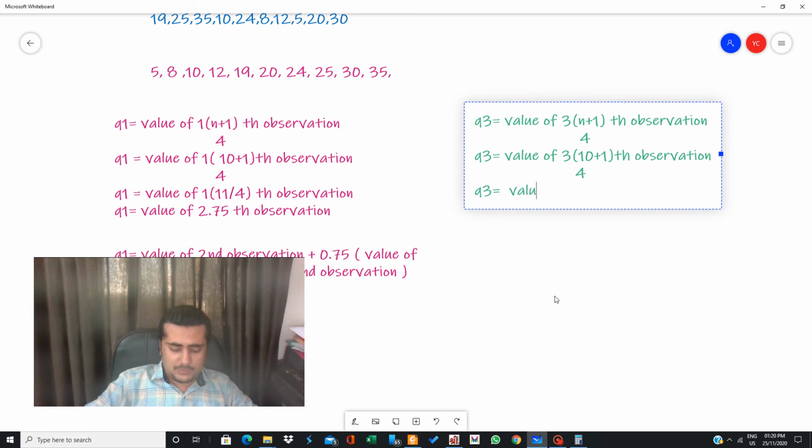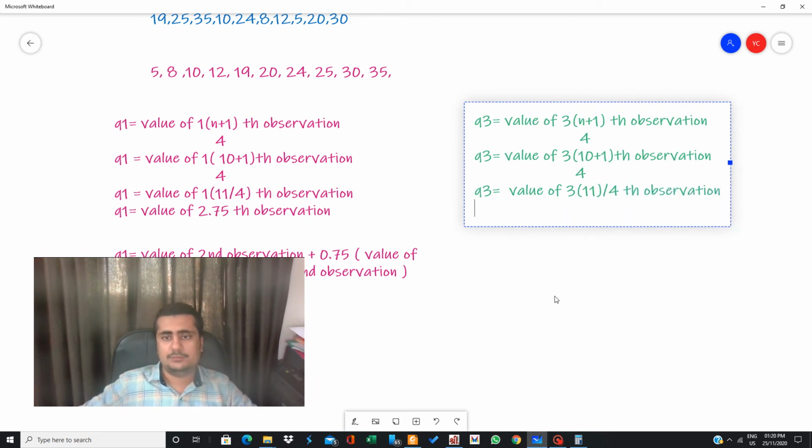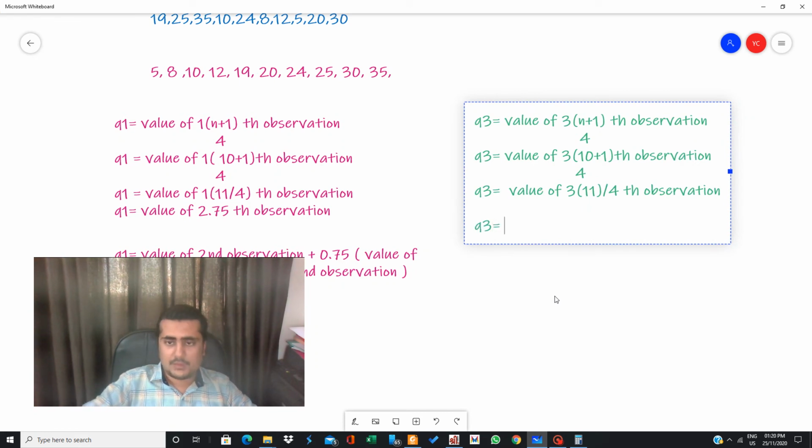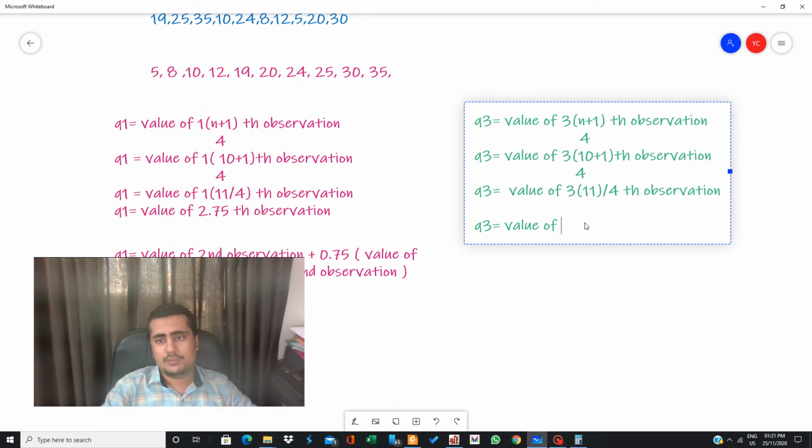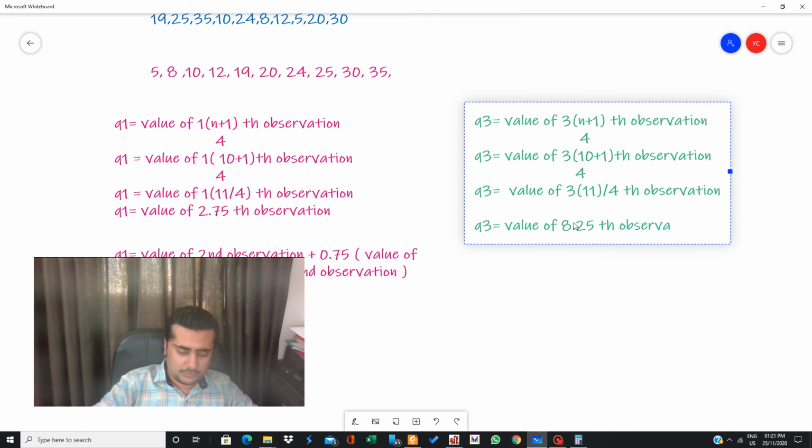So my Q3 will be value of 3 into 11 upon 4th observation. What is 3 into 11 upon 4? It is 8.25. So it's value of 8.25 observation.